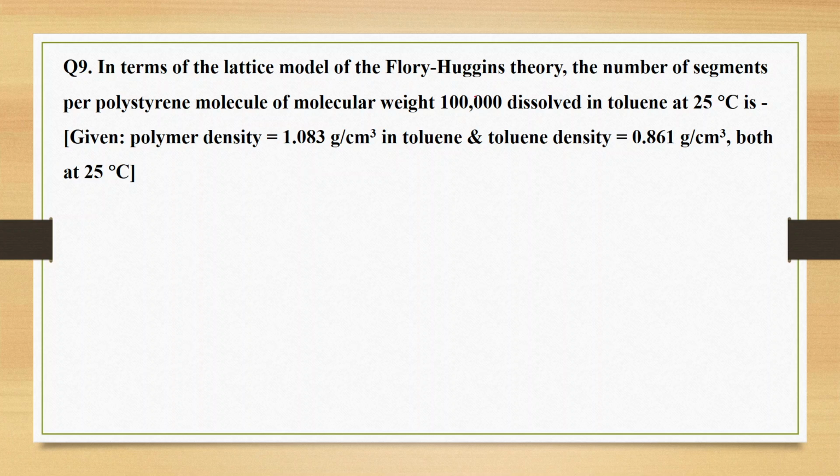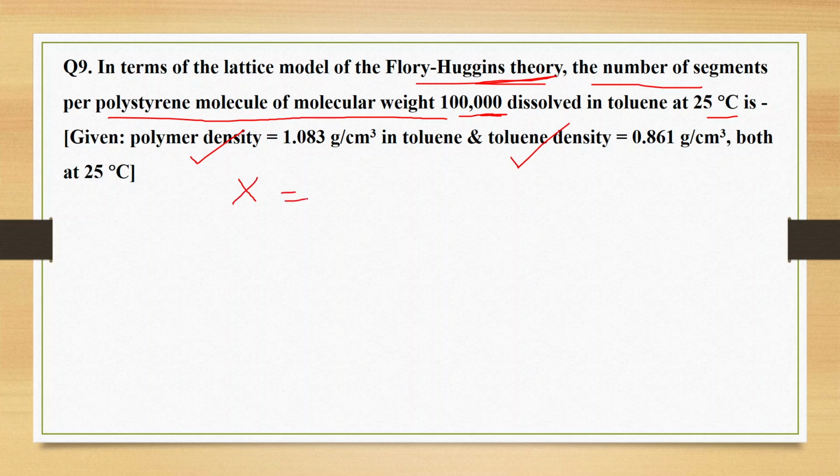Okay. So in terms of the lattice model of Flory-Huggins theory, the number of segments per polystyrene molecule of molecular weight 10,000 dissolved in toluene at 25 degrees C is, you have to get the number of segments per polystyrene molecule which has a molecular weight of 10,000, and what values you have here. Polymer density and toluene density are given. So basically you have to get the number of segments value.